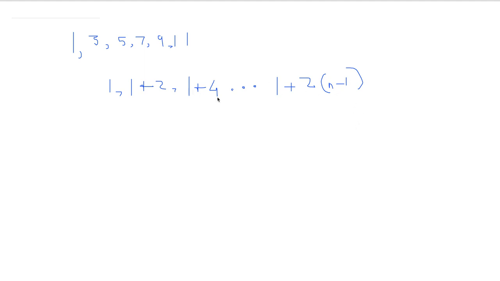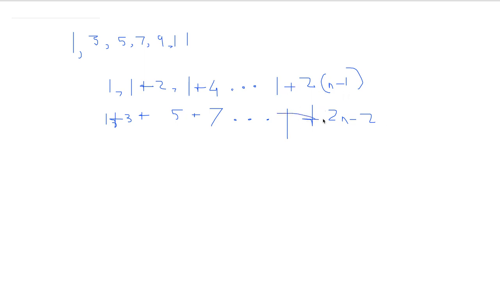So what we're going to do here is simplify everything. So we have 1 plus 3 plus 5 plus 7, and this goes on till 1 plus 2n minus 1. So we're going to simplify this: 1 plus 2n minus 2. 2 into n will be 2n, 2 into minus 1 will be minus 2.